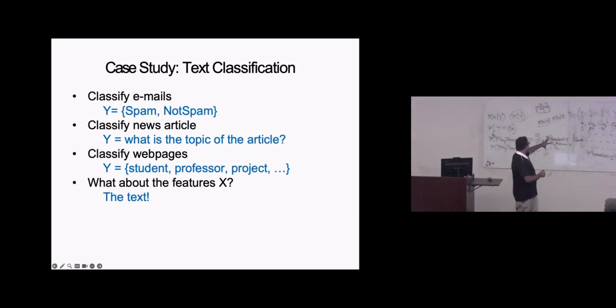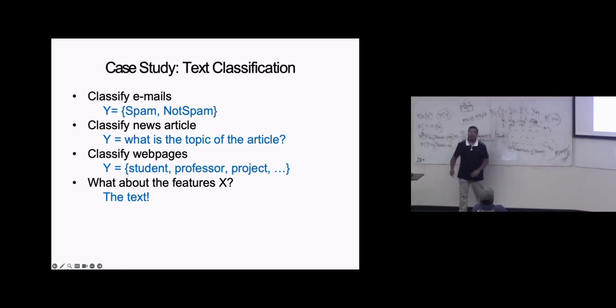Then, given a new email, you could look at these words and these numbers, how many times they appear, and based on that, apply naive Bayes to classify whether it's spam or not.